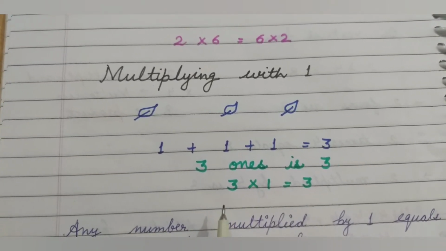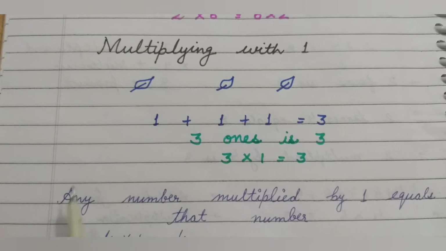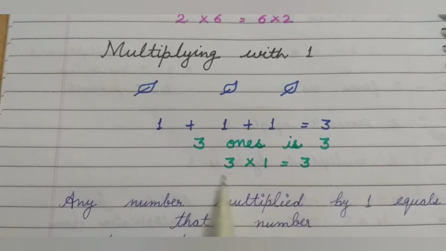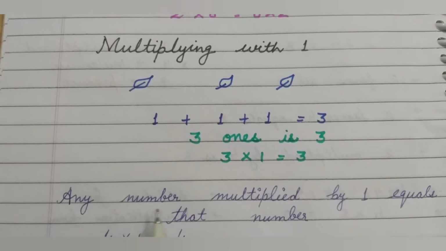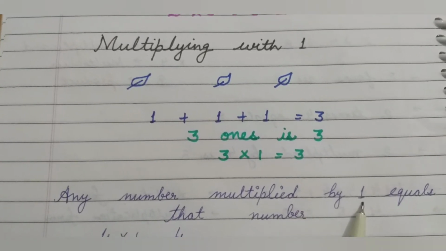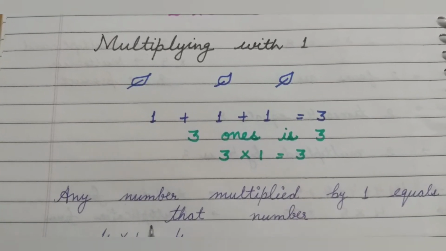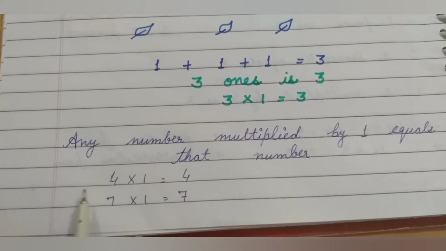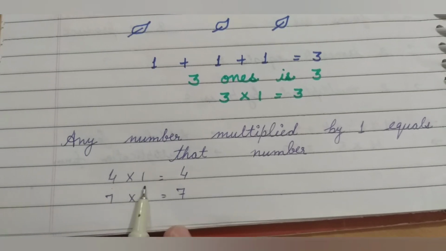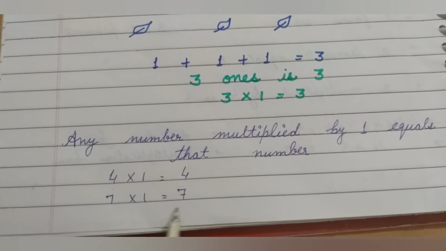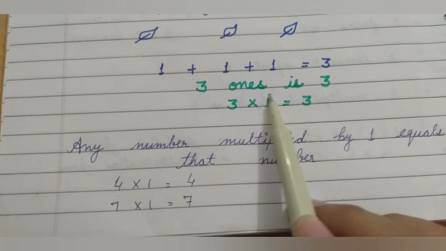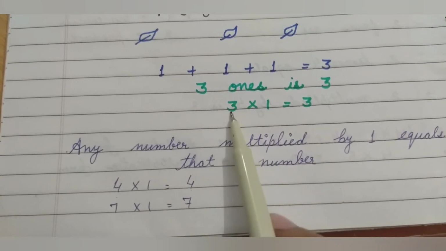So what we conclude is, if you multiply any number with 1, it will be the number itself. Any number multiplied by 1 equals that number only. Let's see some more examples. 4 ones are 4, 7 ones are 7. So if you multiply any number with 1, it will be the same number only.